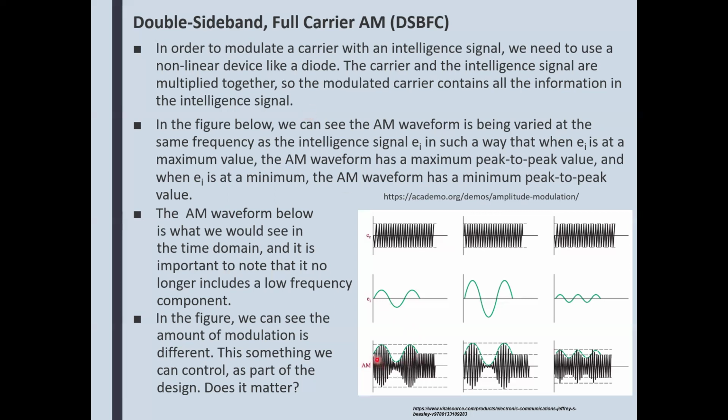Because you see, we have two sidebands here. But the information is all in one of the sidebands. So why do we need to occupy the bandwidth? We can fit more radio stations if we chop one of the sidebands off. And that's exactly what's being done in some situations.